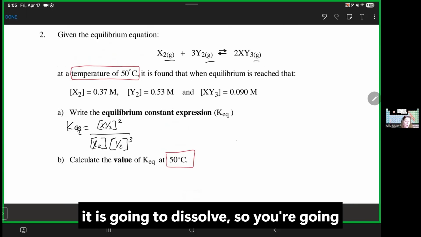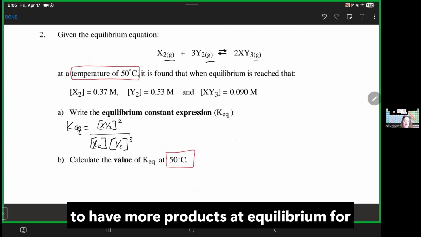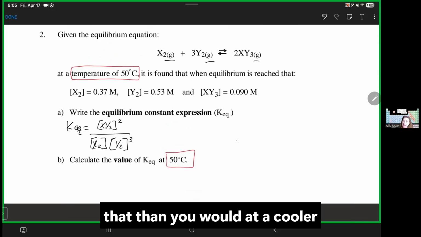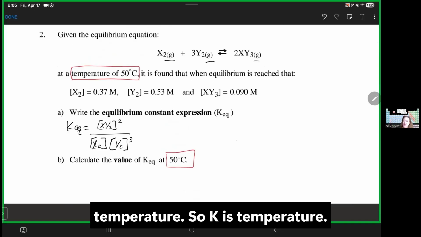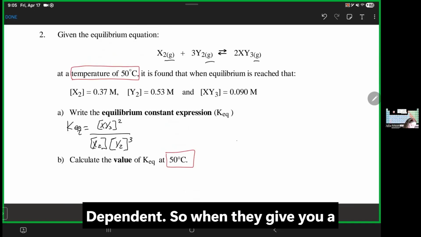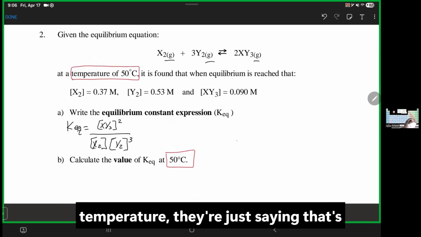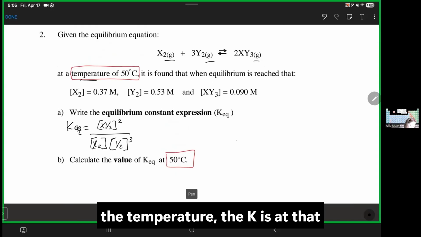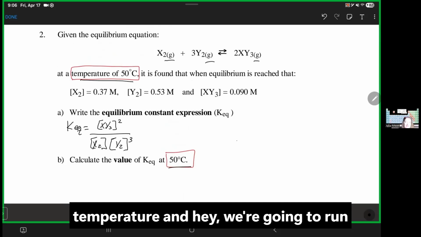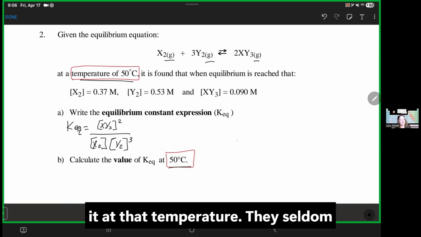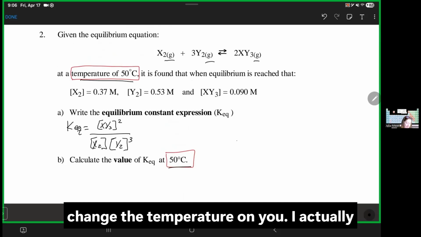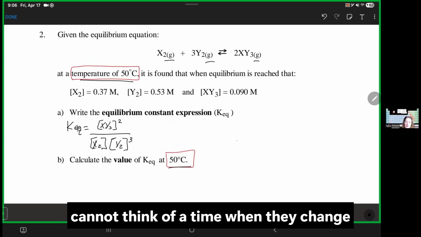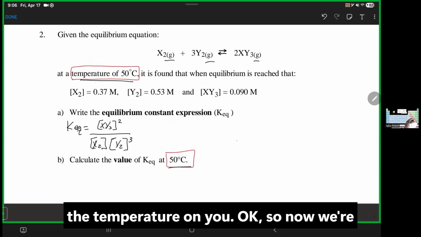So you're going to have more products at equilibrium for that than you would at a cooler temperature. So when they give you a temperature, they're just saying that's the temperature the K is at, and we're going to run it at that temperature. They seldom change the temperature on you. I actually cannot think of a time when they change the temperature on you.